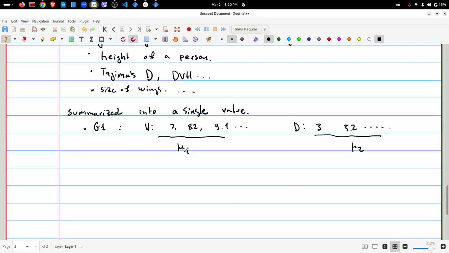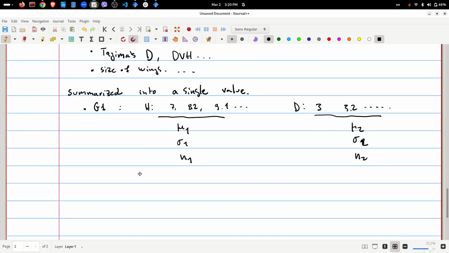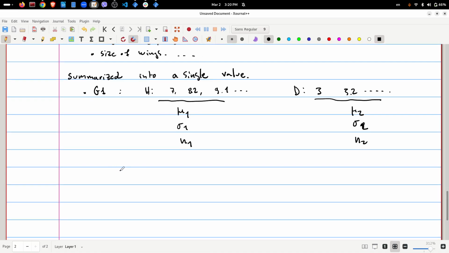I calculate the standard deviation of these numbers, and I also get how many values I have in this group. Let's call it N1. How many values I have in this group? Let's call it N2. Here is sigma 2. And then based on these numbers, I can calculate a single value called T, which is mu1 minus mu2 divided by something.